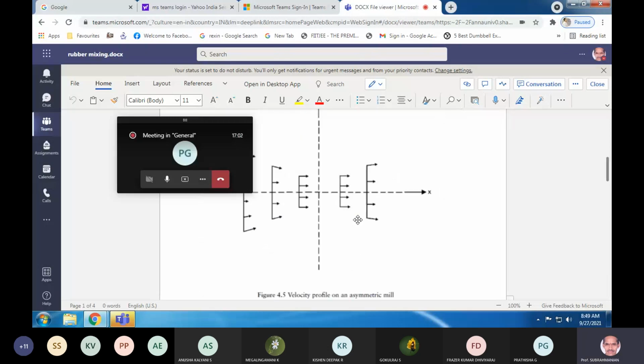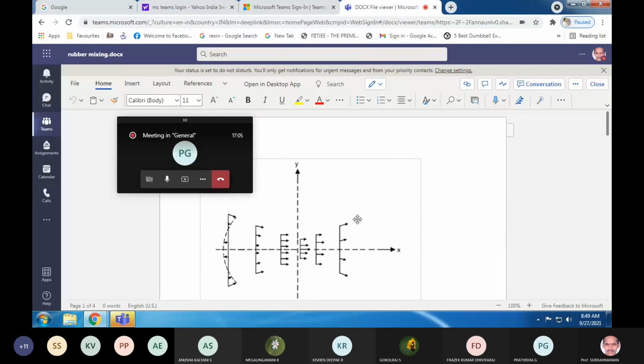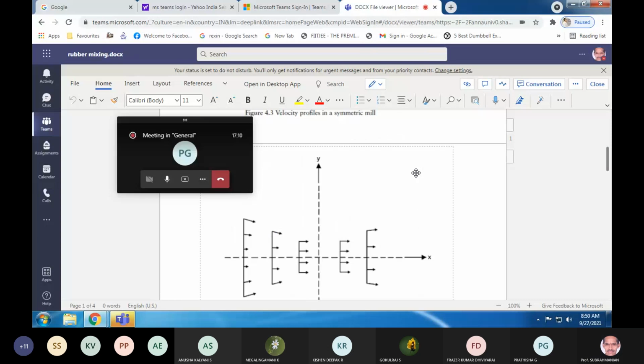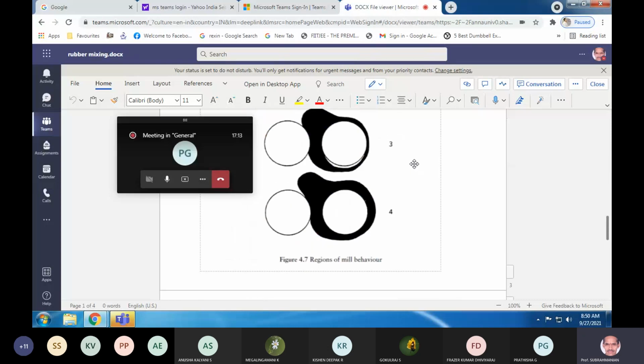All right. So the four figures we see here amply describe the need for a process oil, right? So the point here is process oil, process aid. What is the difference, right?